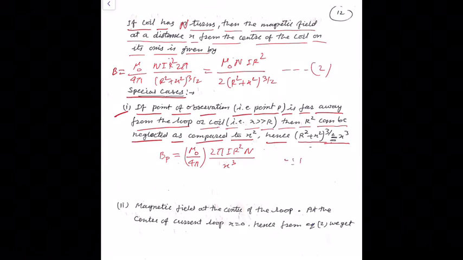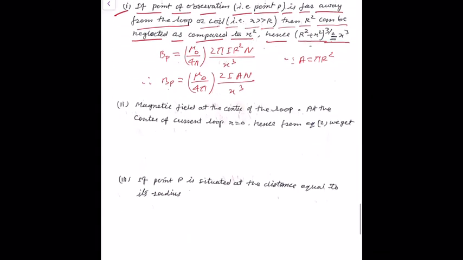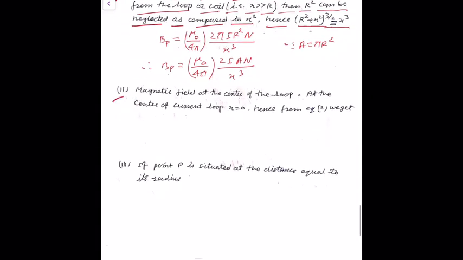Since area of the coil A equal to pi R square, therefore BP is equal to mu naught upon 4 pi into 2 I A n upon x cube.